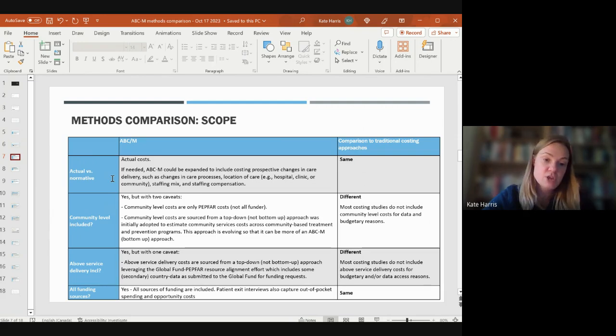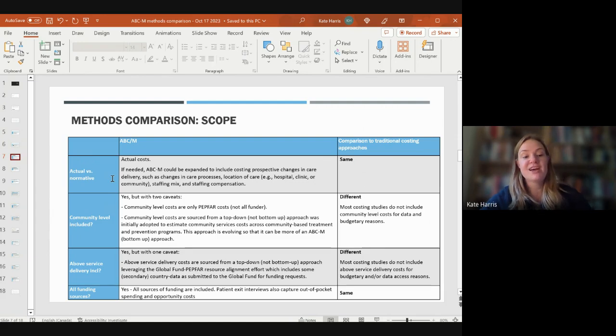And the other thing to note about these community-level costs is they're sourced from a top-down approach, not bottom-up. So we haven't calculated these at the community level and added them and done time-driven activity-based costing to understand how much those are, but rather got broader numbers from a headquarter level and cascaded them down. This is one of the areas where the method is evolving, with the intention to also collect community-level costs with this activity-based costing bottom-up approach.